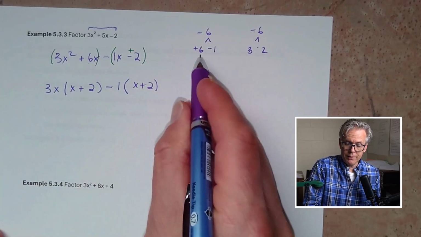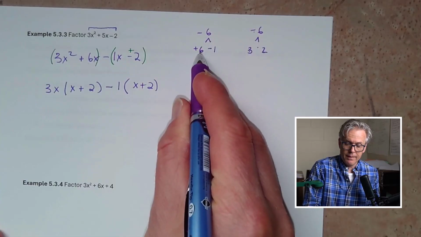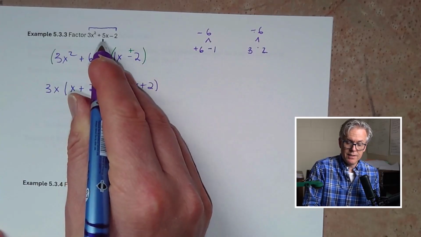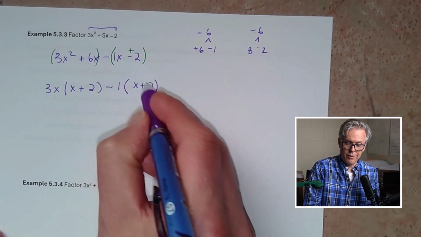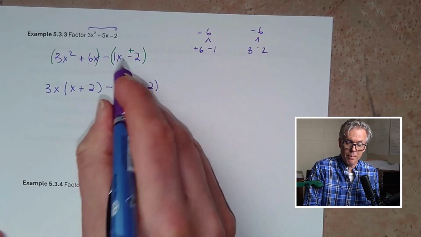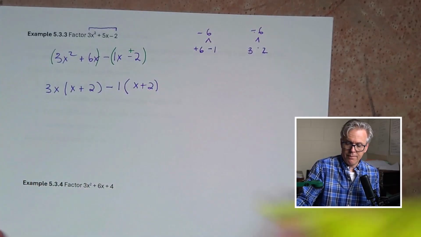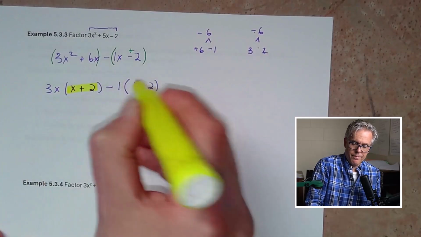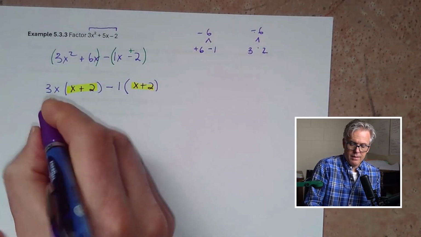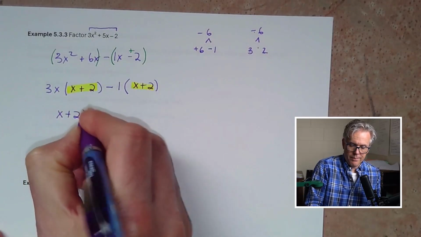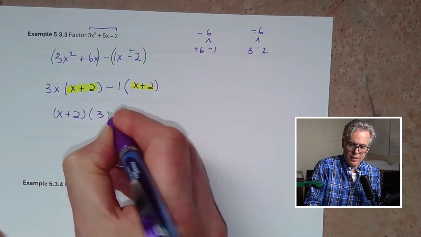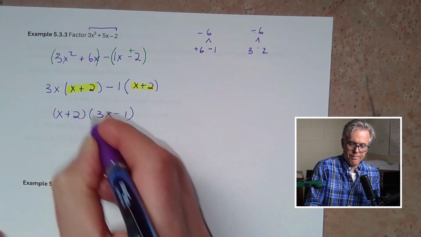Actually, it will work out because we've already established that the 6 minus 1 is the 5. So this should work out. So if you messed up here, if this is off by sign, go back and check to make sure you didn't forget to compensate. Got the common factor of x plus 2. And I pull that x plus 2 out. I'm left with 3x minus 1.